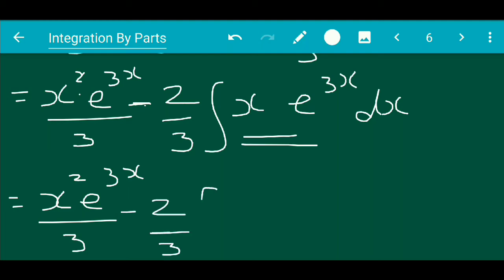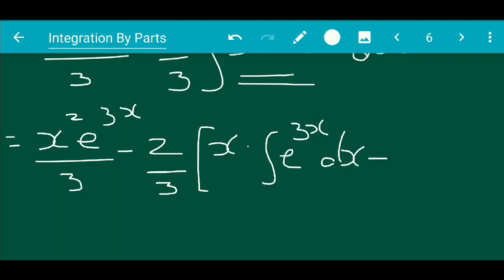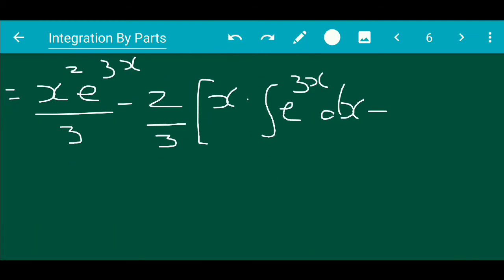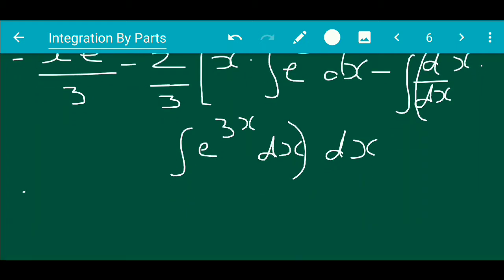So we get x square e raised to 3x upon 3 minus 2 upon 3 taken common, and in the integral sign u into v gives us x into integral of e raised to 3x dx minus d dx of x, that is the integral of d dx of x into the integral of e raised to 3x dx the whole into dx, which becomes x square.